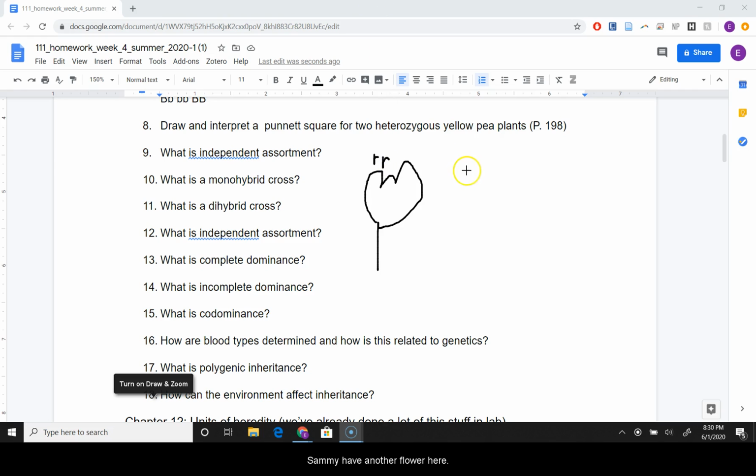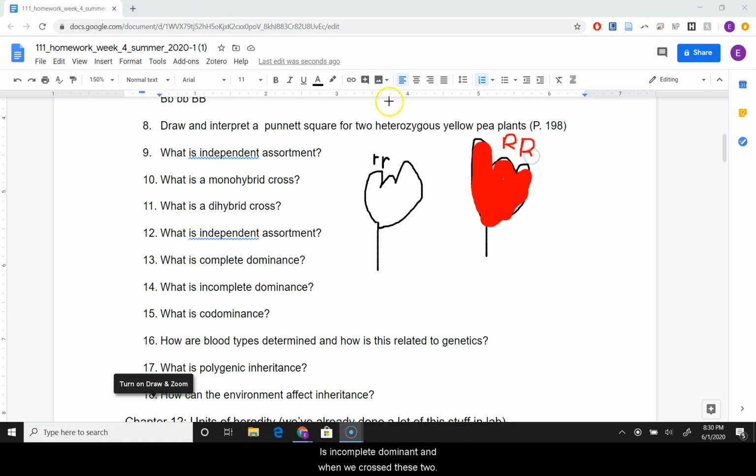And we have another flower here, and I'm going to make it red. Its genetics are big R, big R. This is incomplete dominance.